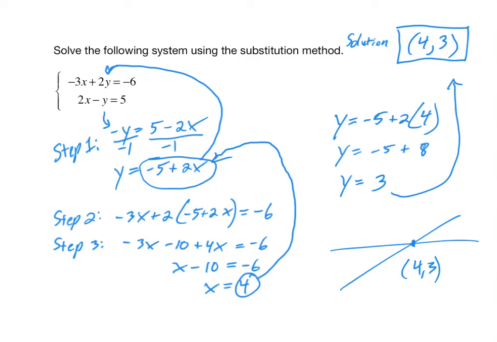But you'll also see that sometimes this algebraic method has its limitations. For example, if I were to solve the linear system 2x plus 3y equals 5, along with 7x plus 11y equals 13, none of these variables would be nice to isolate.